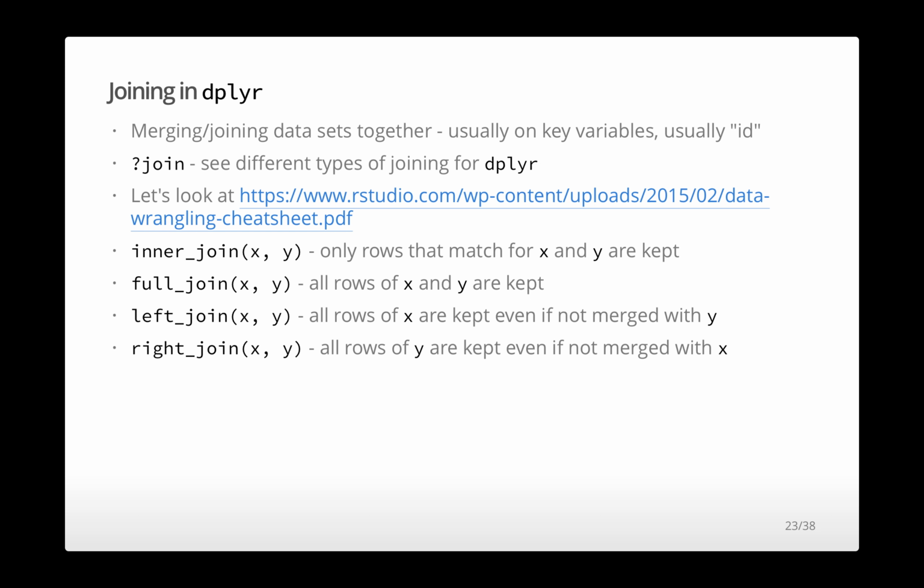So I'm not going to show you, but there is anti-join. Anti-join is order dependent as well. Anti-join x, y, I believe, is the things of y that didn't join with x. And if you flip the arguments, it's the things of x that didn't join with y.